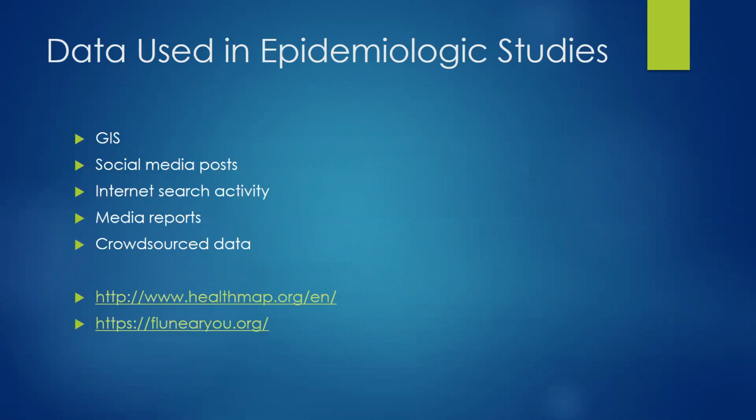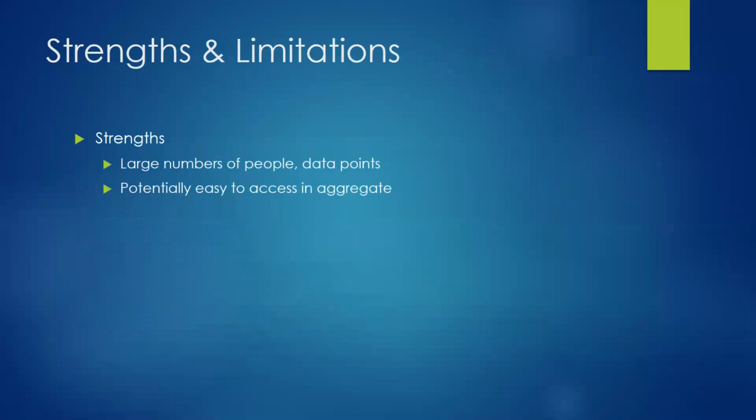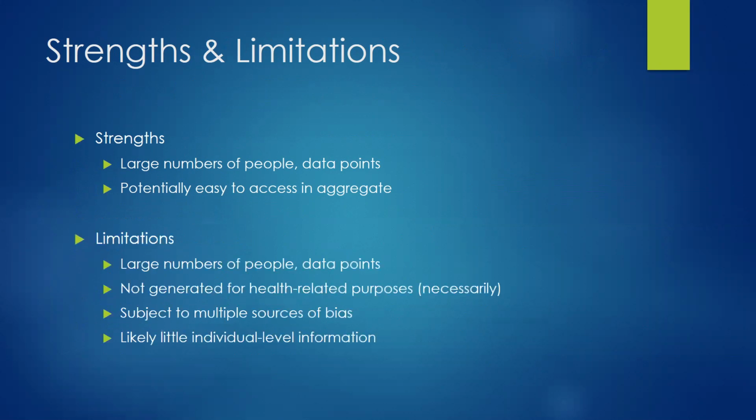HealthMap and Flu Near You are both examples of these other kinds of data that can be useful for understanding population trends in health. The strengths of these are that there's a large number of people and it might be easy to get access to aggregate level data. But the limitations are that it probably won't be individual level data.